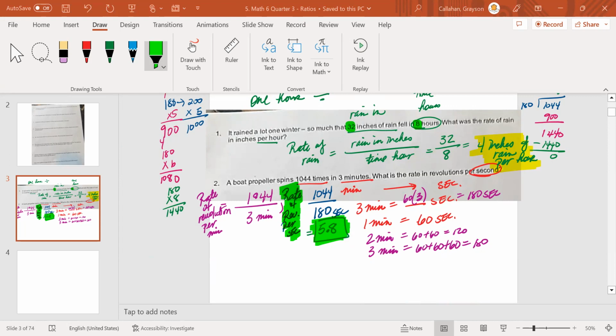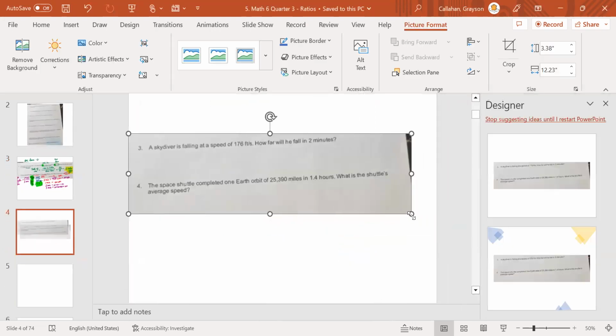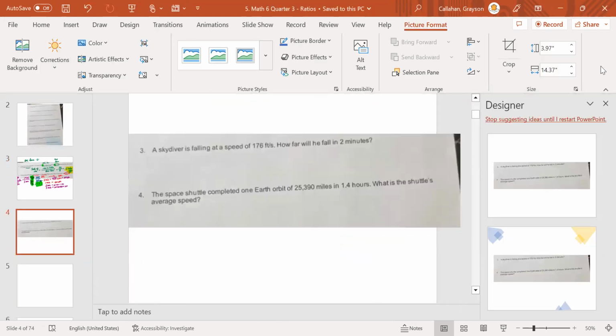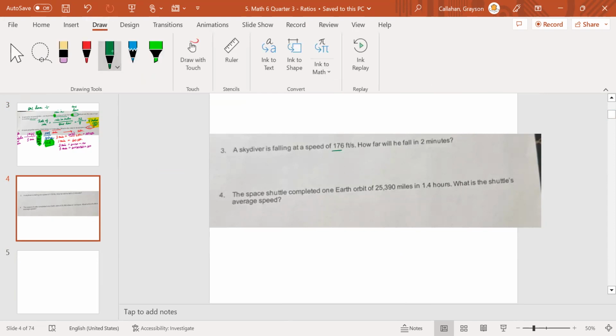So question number 3. A skydiver is falling at a speed of 176 feet per second. How far will he fall in 2 minutes?